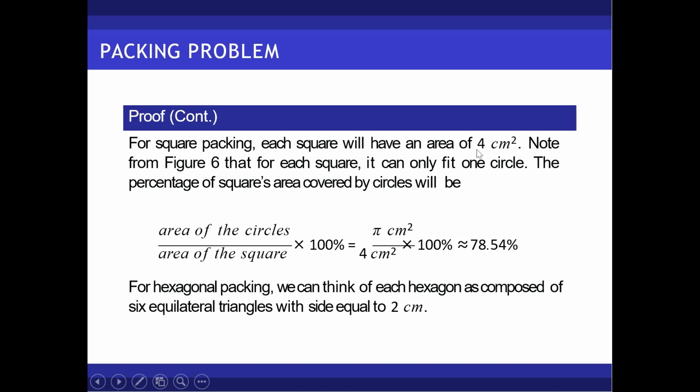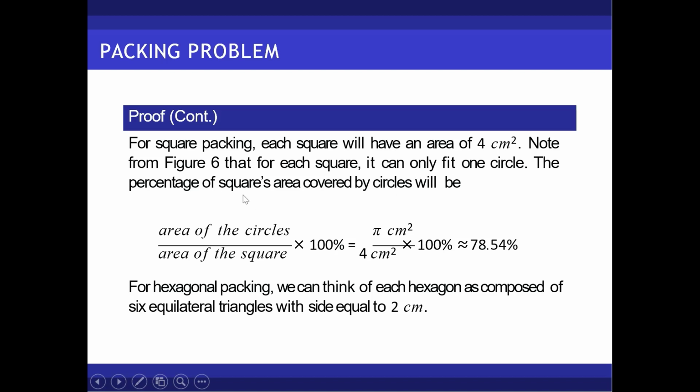Since the side of the square is 2, using the formula for the area of a square, s squared, 2 squared is 4 cm squared. Note from figure 6 that each square can only fit one circle.